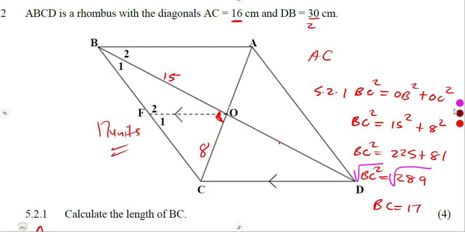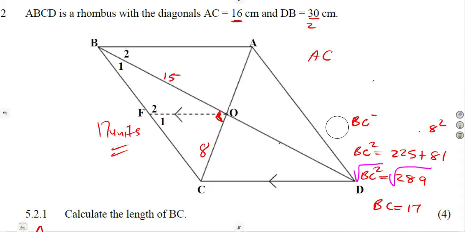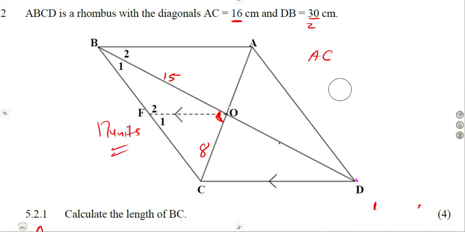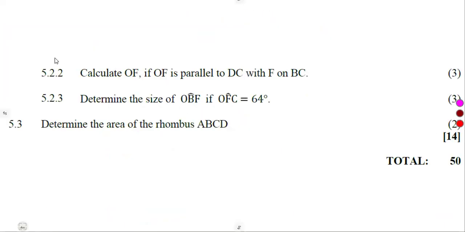Remember the properties of a rhombus, that the sides are actually the same throughout. We could have used this side, so it is also 17. Remember those properties. So that is what you are given. And 5.2 is to calculate the length of OF.